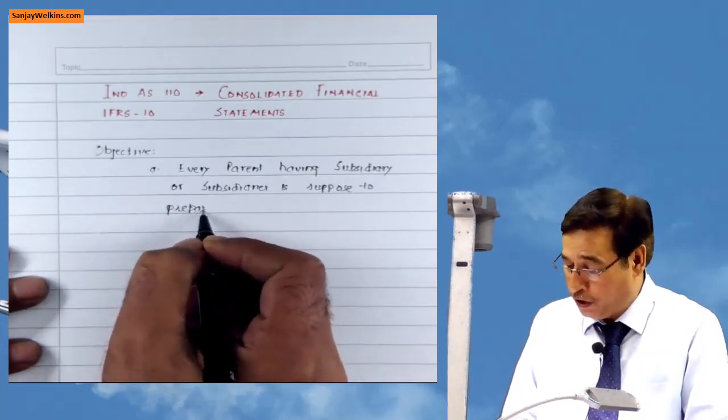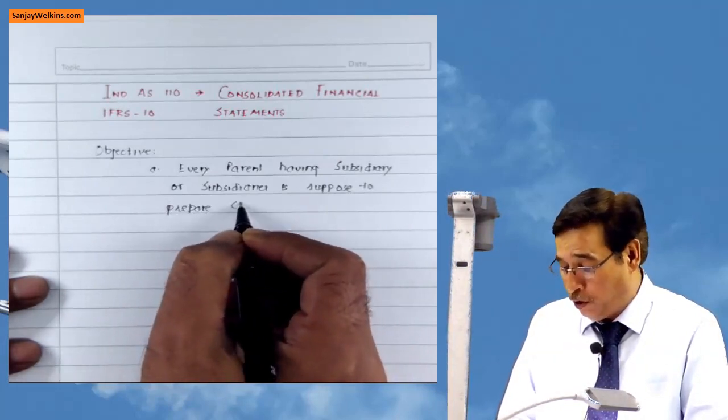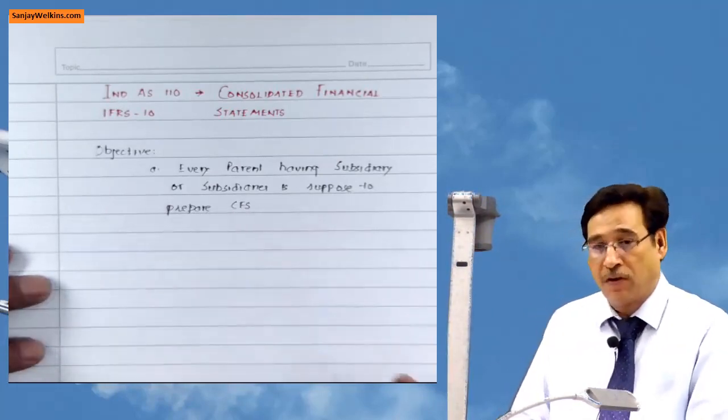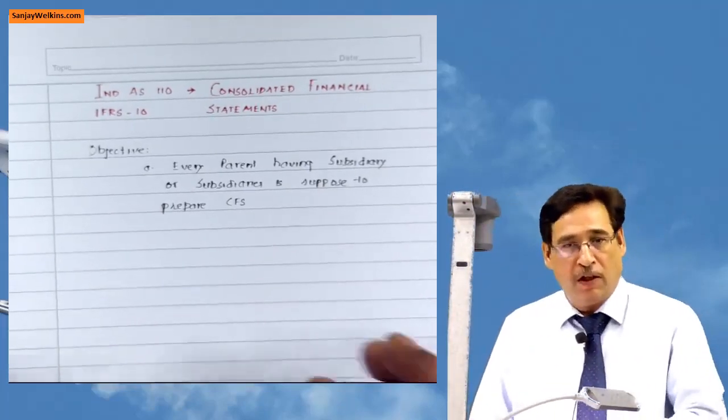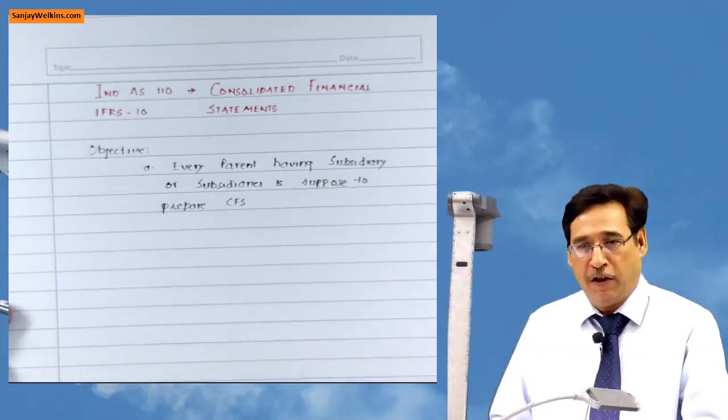Consolidated financial statement. I will write it in short form. Don't confuse it with cash flow statement. It is consolidated financial statement. In the entire chapter, CFS shall stand for consolidated financial statement.